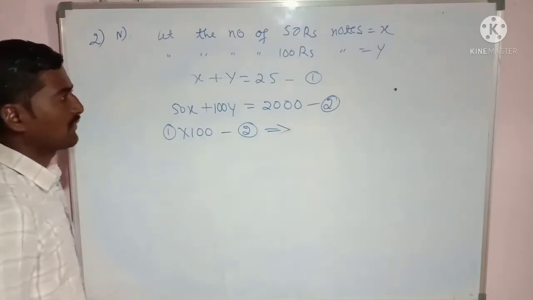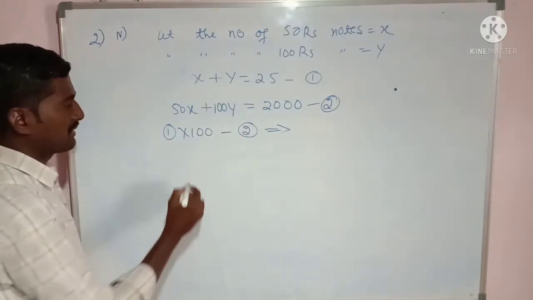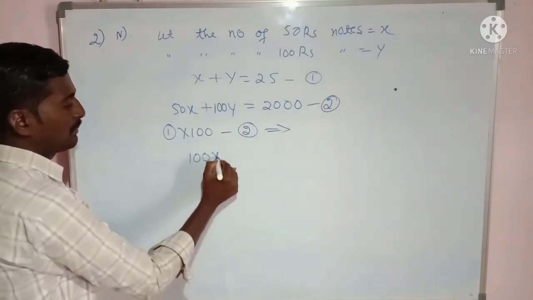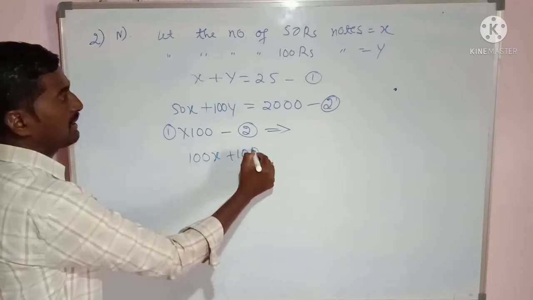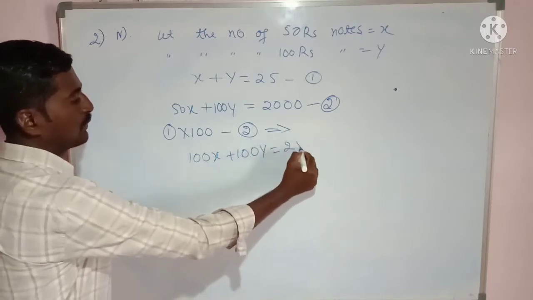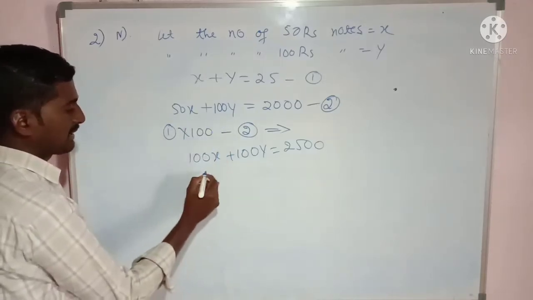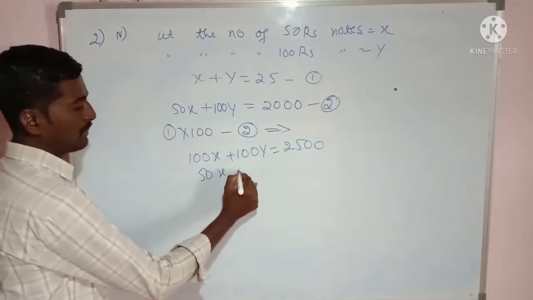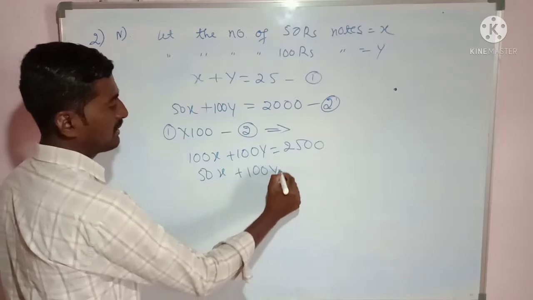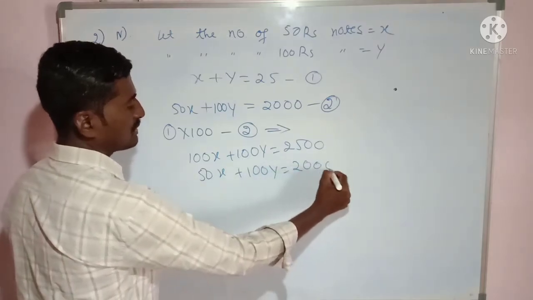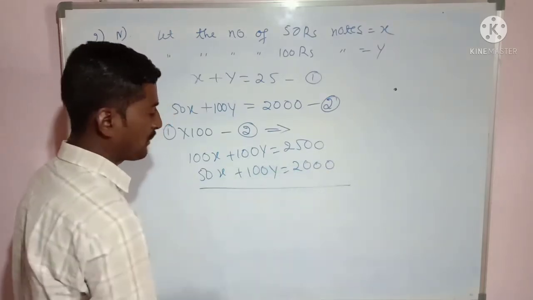For the first equation, I will multiply by 100. 100x plus 100y is equal to 2500. Then here it is 50x plus 100y is equal to 2000. We are subtracting these two equations.